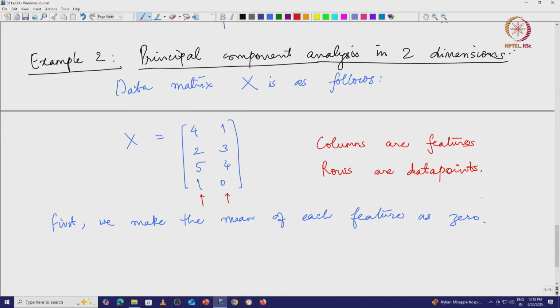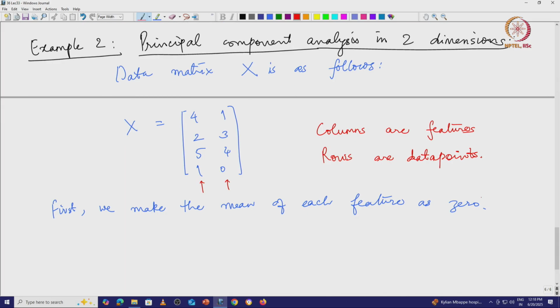So if you want to find the mean of feature 1, there are 4 points, so that is 1/4 of the sum of feature 1 over all the data points. So that is 4 plus 2 plus 5 plus 1, which is 12, divided by 4, so that is 3.